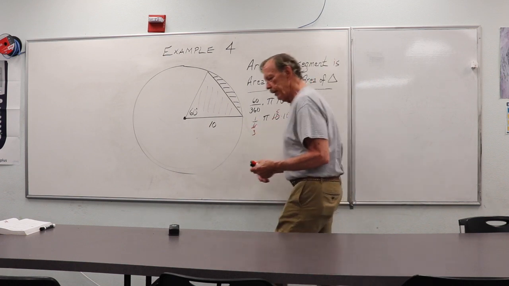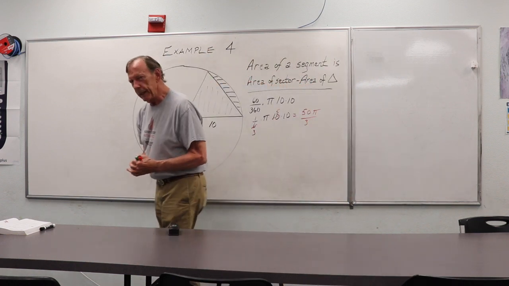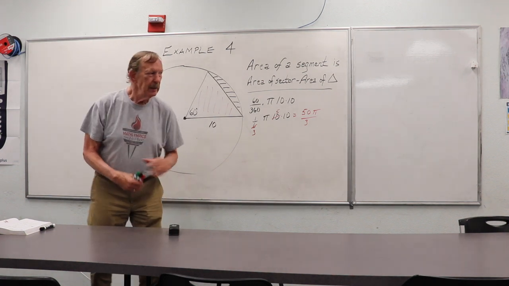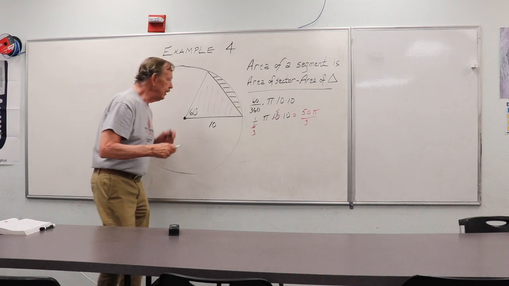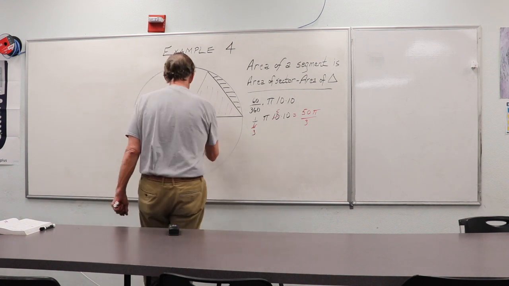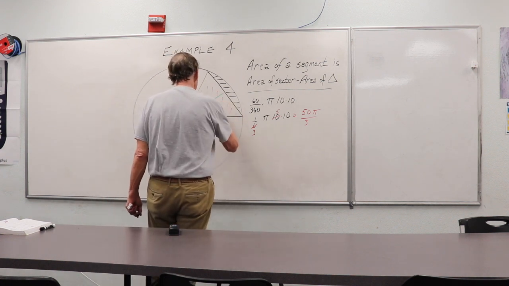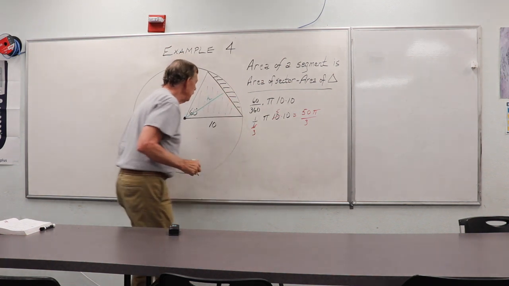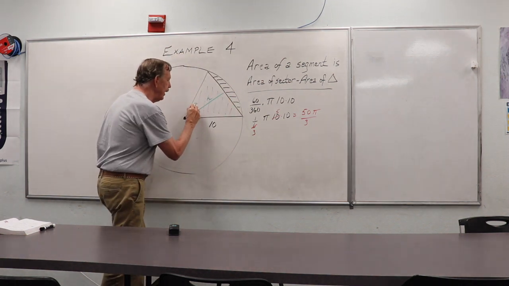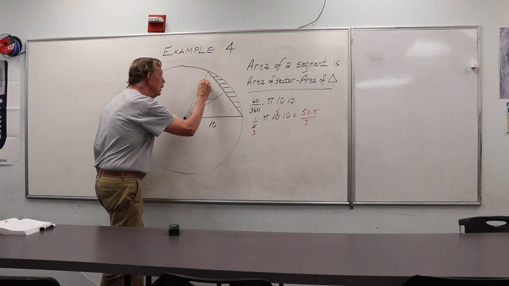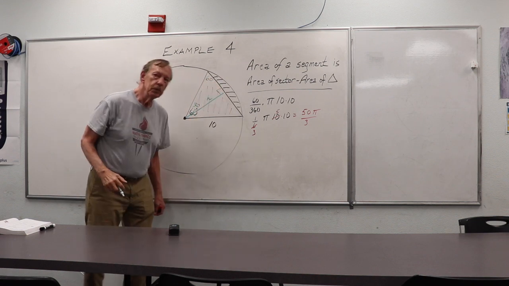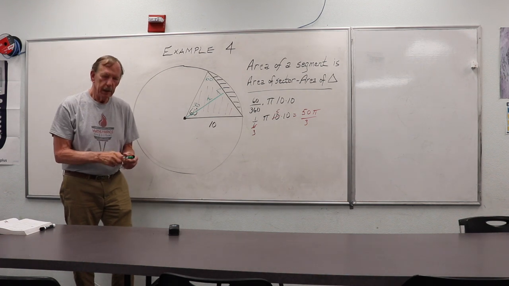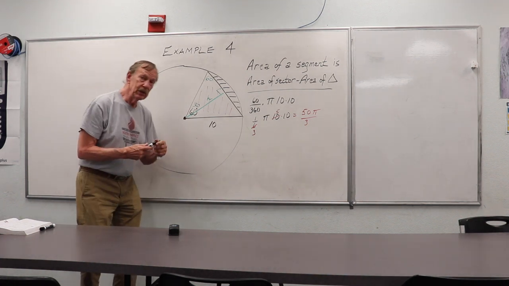The area of this triangle should be easy because we have a 60-degree angle here. And when we split the triangle to get our height, that creates a 30, 60, 90 triangle. Now what we know is the radius is 10.